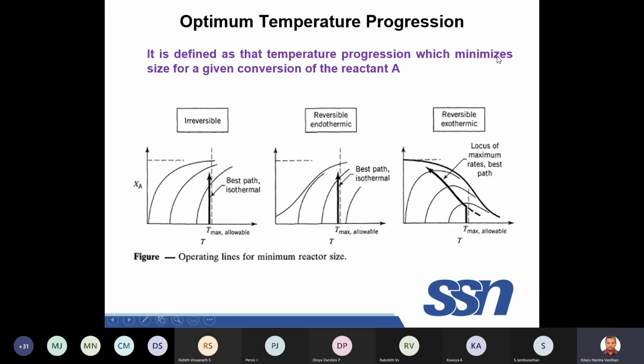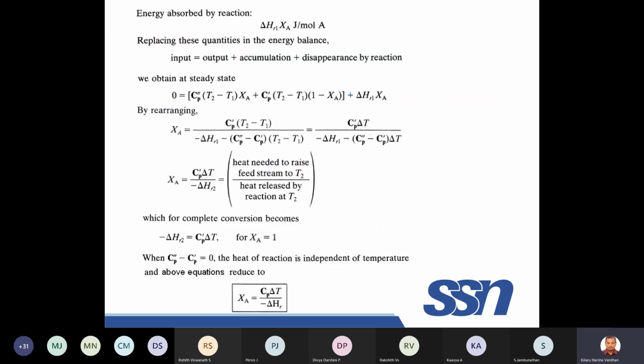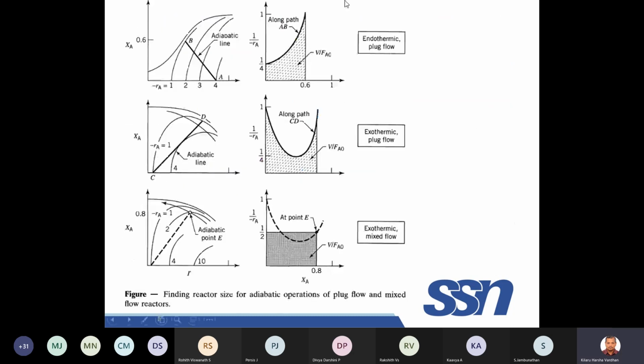Here it is V by Fa naught. Fa naught is the flow rate, then we can calculate V. So if I am on this energy balance line, my V by Fa naught will be minimum, that is, the size will be minimum.